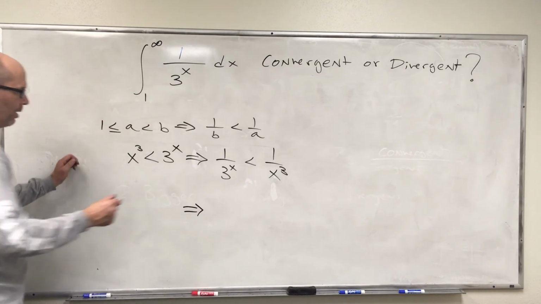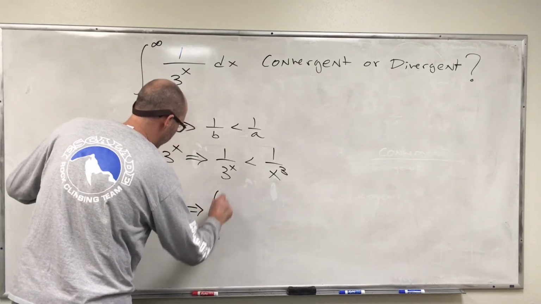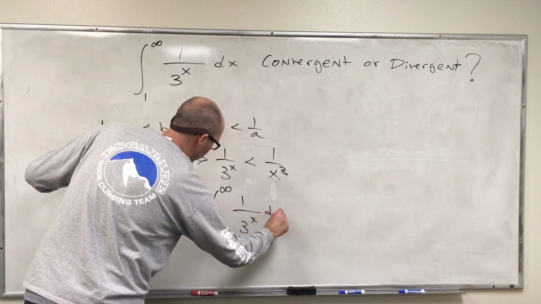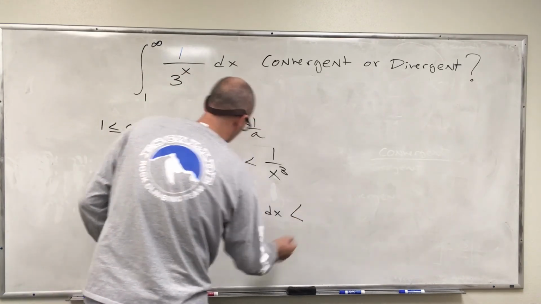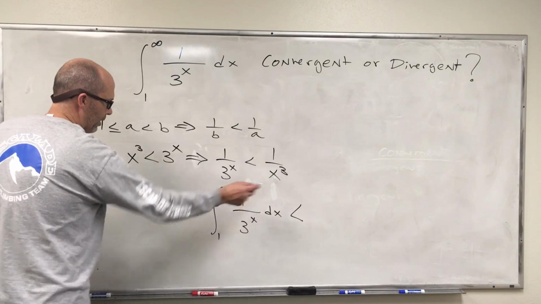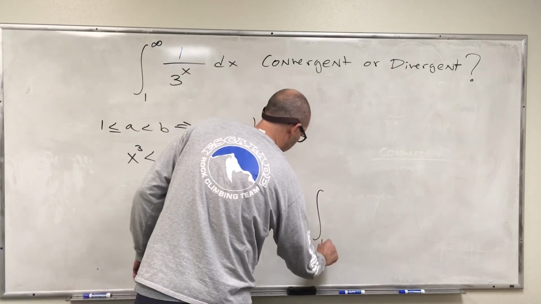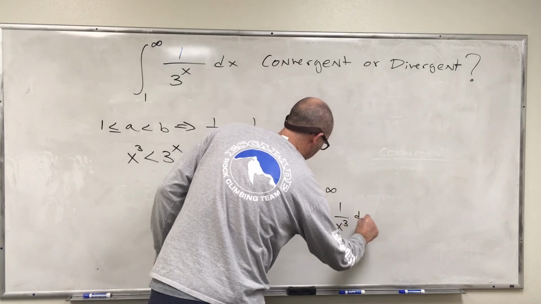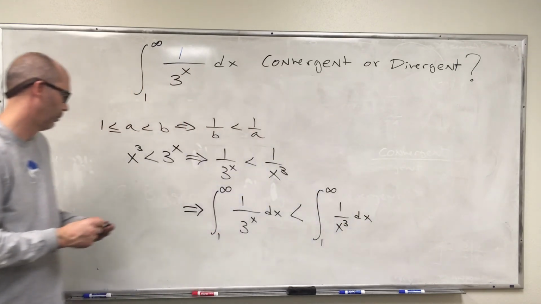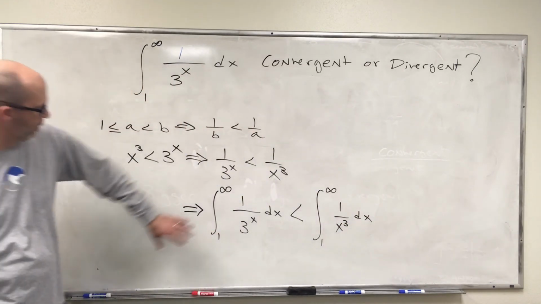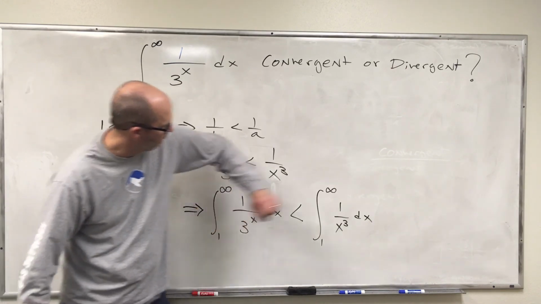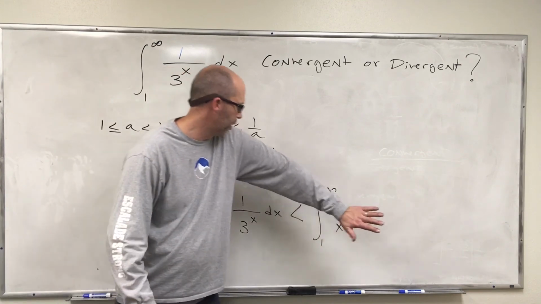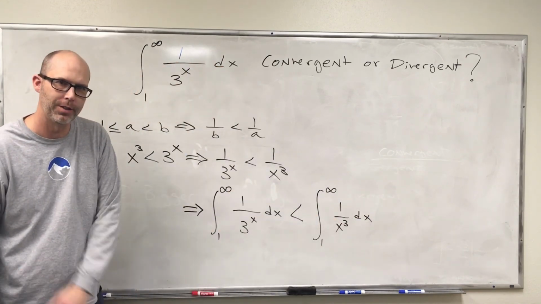So this tells me that the integral from 1 to infinity of 1 over 3 to the x is less than the integral of 1 over x cubed. Now look what we have here. This is smaller than convergent. Smaller than convergent is convergent. That's the comparison test.